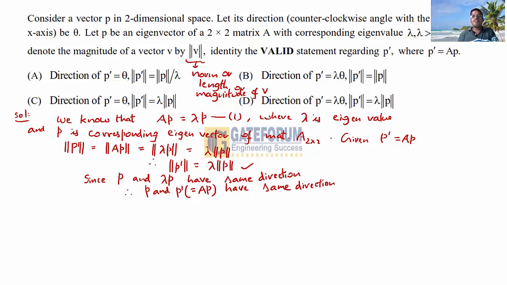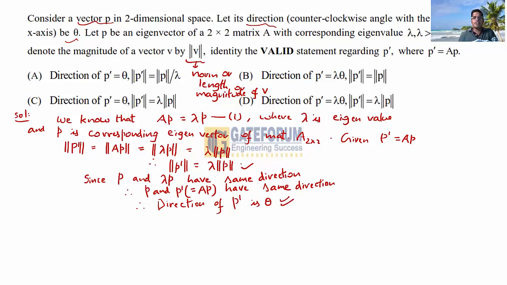The direction of P is already given as theta. See, this is a vector P; let its direction be theta. Therefore, the direction of P dash is theta.